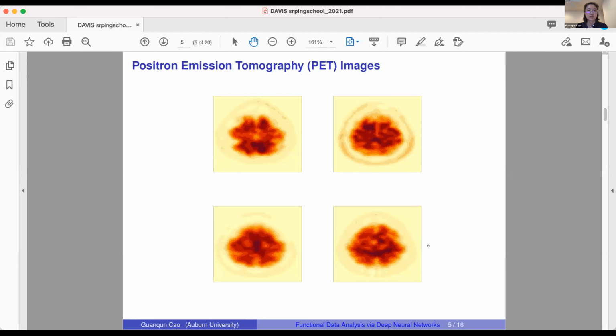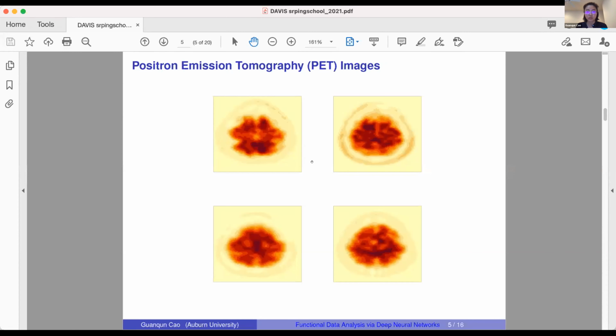Right now, the data set the medical doctor usually has is PET imaging, where we have many pieces of imaging from the patients at the same locations. So the question is, what's the underlying true structure for healthy people? And what's the underlying true imaging structure for patients at different stages?